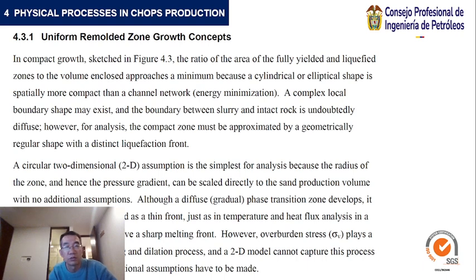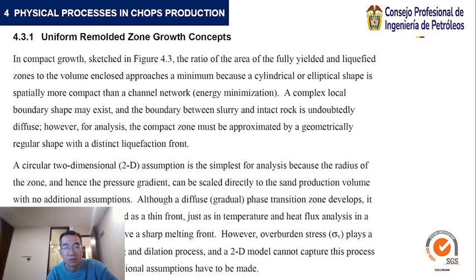Uniform remodeled zone growth, or compact growth, is sketched in the figure. The ratio of the area of the fully yielded and liquefied zone to the volume enclosed is minimal, because complex local boundary shapes may exist, and the boundary between slurry and intact rock is undoubtedly diffuse.